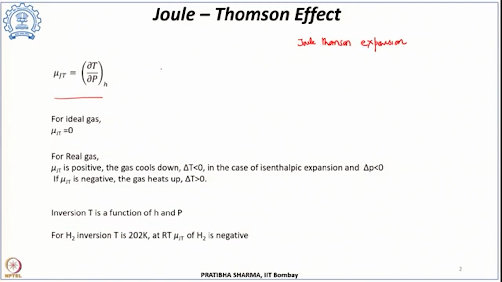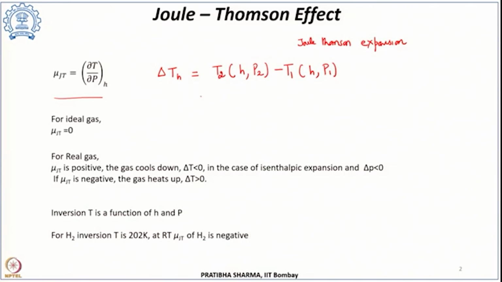We can also find the temperature change at constant enthalpy as the temperature T2 at enthalpy H, when the final pressure is P2, minus the initial temperature T1 at the same enthalpy and the initial pressure P1.